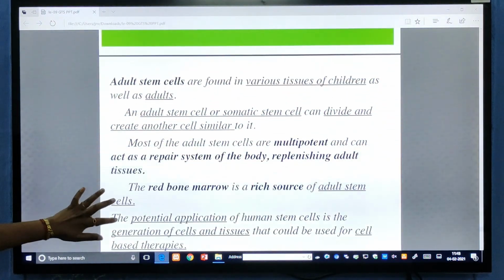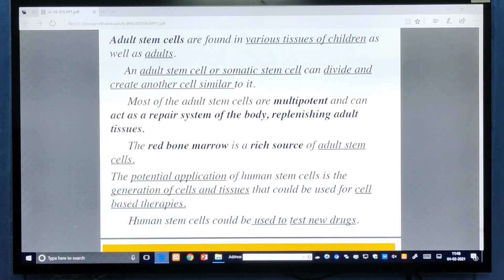The next one, the adult stem cells. Where do you find them? They are found in various tissues of children as well as in adults. They may be somatic stem cells, which can divide and create another cell similar to it. The multipotency is mainly for the repair system of the body and for replenishing adult tissues.